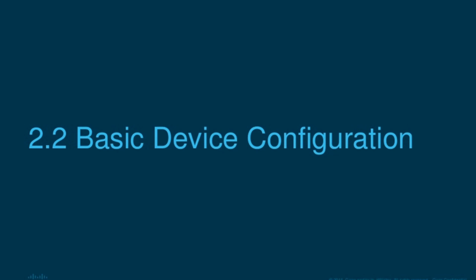So in limiting device access, there are two steps. Step 1: secure the network devices by physically limiting access, placing them in wiring closets and locked racks.